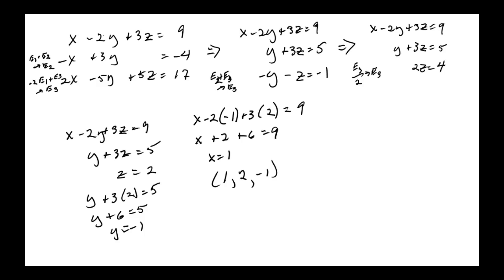Now, we're going to look at another system of equations, and we're going to try to row reduce that. And we're going to see what happens here. So here's the system. x1 minus 3x2 plus x3 is equal to 1. 2x1 minus x2 minus 2x3 is equal to 2.